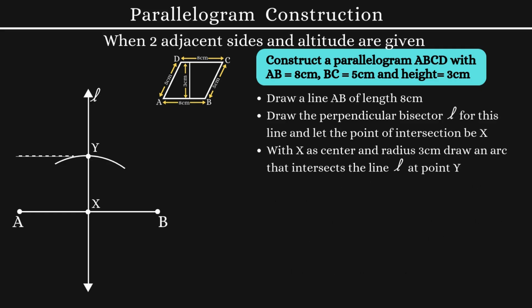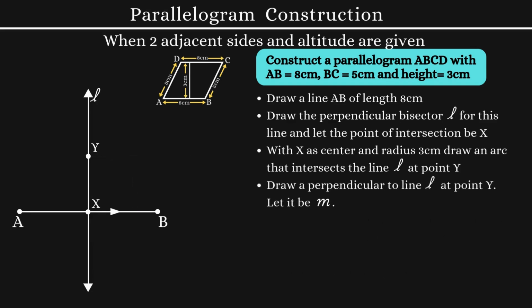If you draw a line perpendicular to L passing through this point Y, we have a line parallel to the line AB and the height also will be 3 cm. On this line, we will have the side CD. Let's see how to construct it.